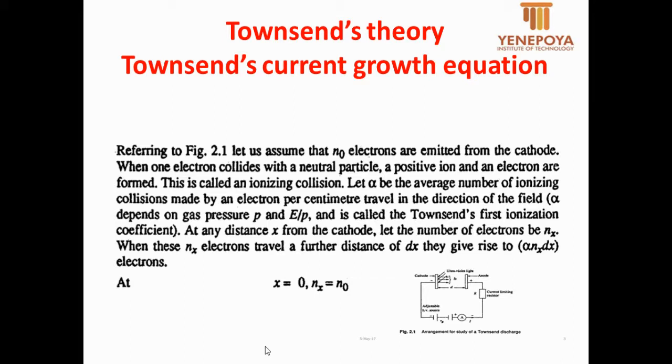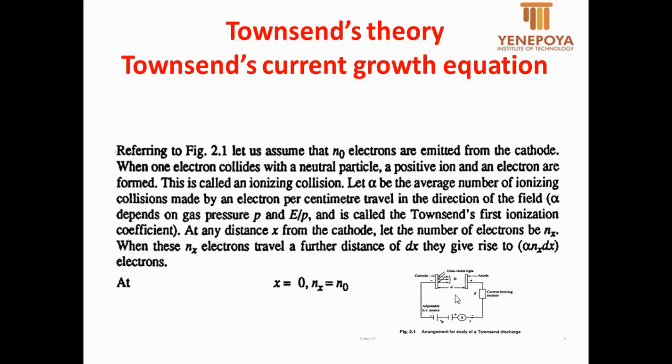In the last video we discussed the arrangement of Townsend's discharge. Let us assume that n naught electrons are emitted from the cathode. When one electron collides with a neutral particle, a positive ion and electrons are formed.